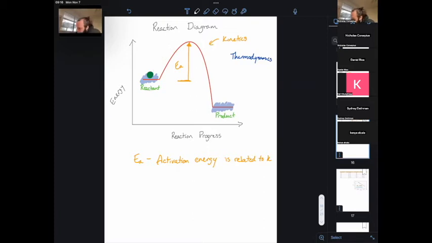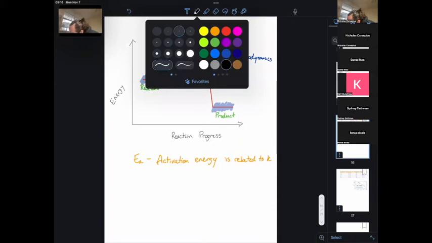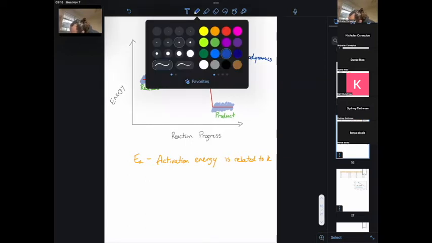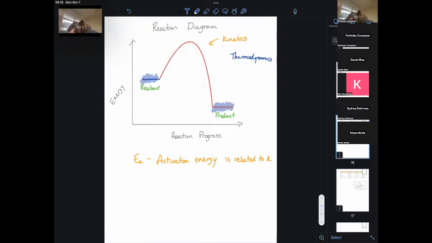Let's take a look at two similar plots here. Let's say that this was one reaction coordinate diagram. Then in blue, I'm going to draw another one, which is going to start at the same energy as my reactants, but now it has a much smaller hump to get to the products.